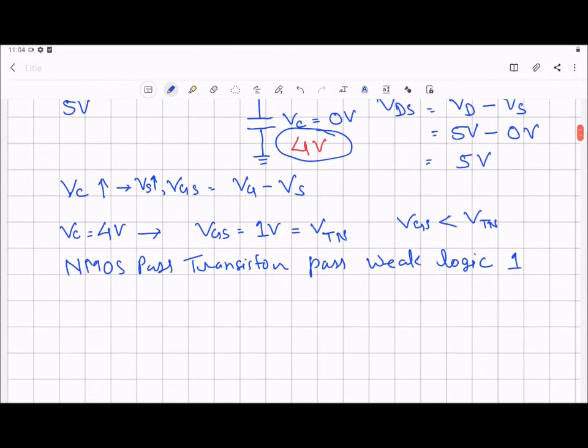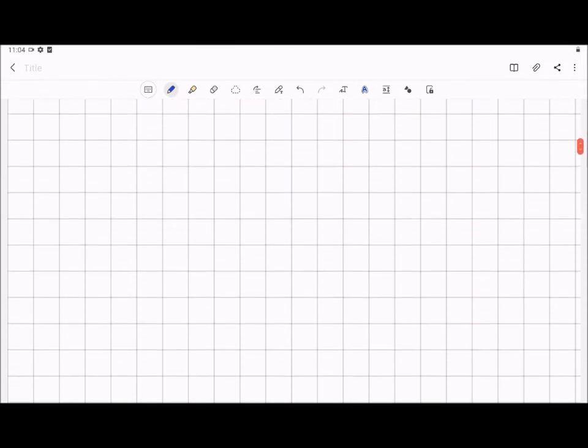Now let us talk, what if we apply input 0?